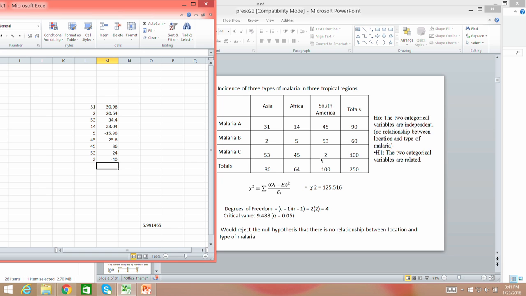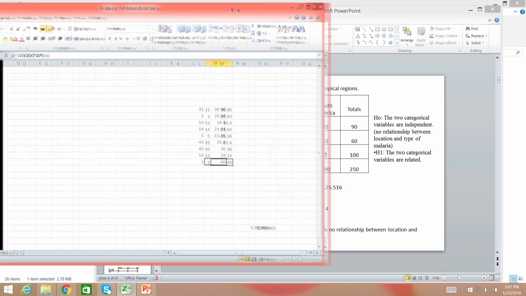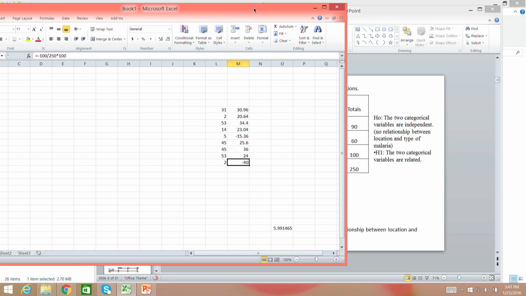Understand? There is a minus term here, I made a mistake. So, we can cross check by doing summation, it should come to 250.